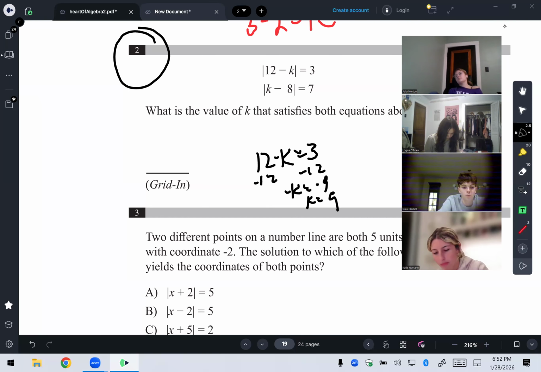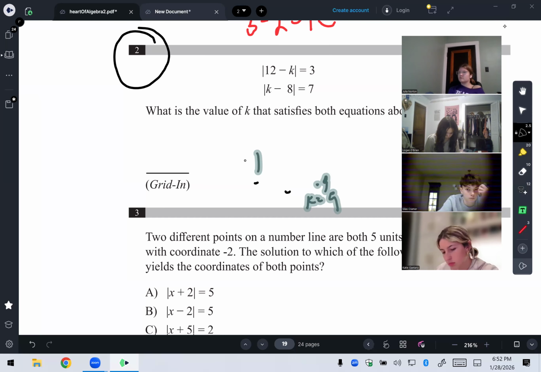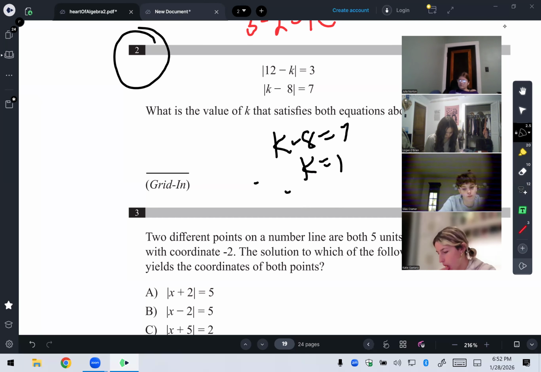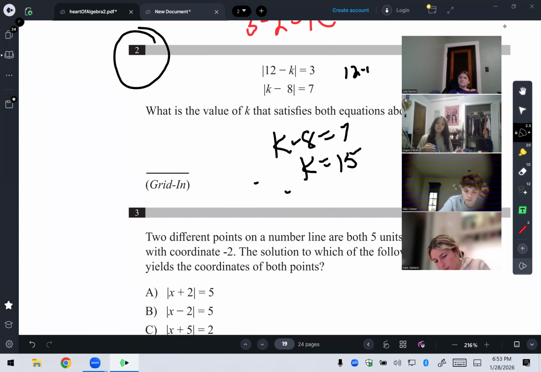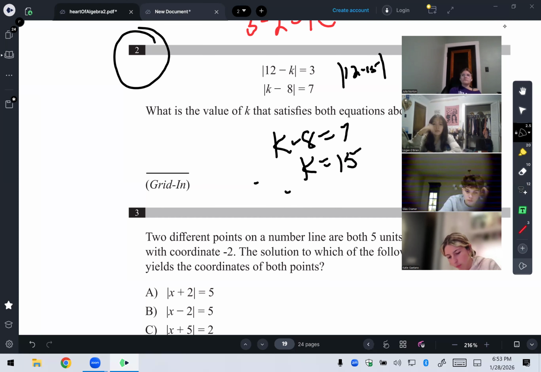Pretty easy. If I try k minus 8 is 7, k could be 15. Does 15 work in the other one? Yes, it does. So I would grid in 15. Does that make sense? Thanks, Katie.